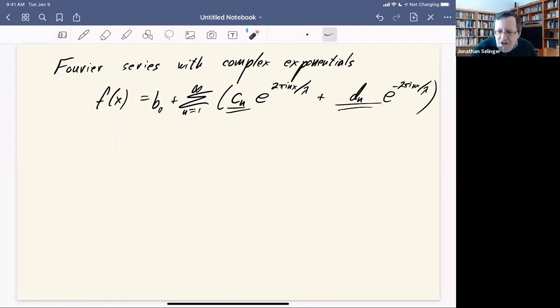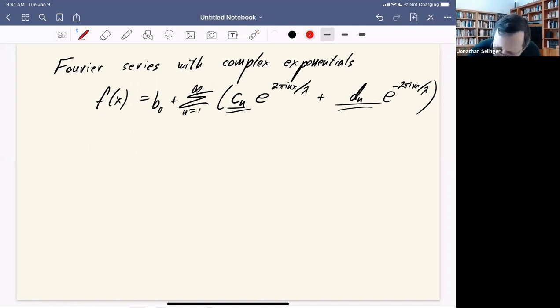I could just take the whole thing and make it simpler by writing the sum not over positive integers, but over all integers instead.